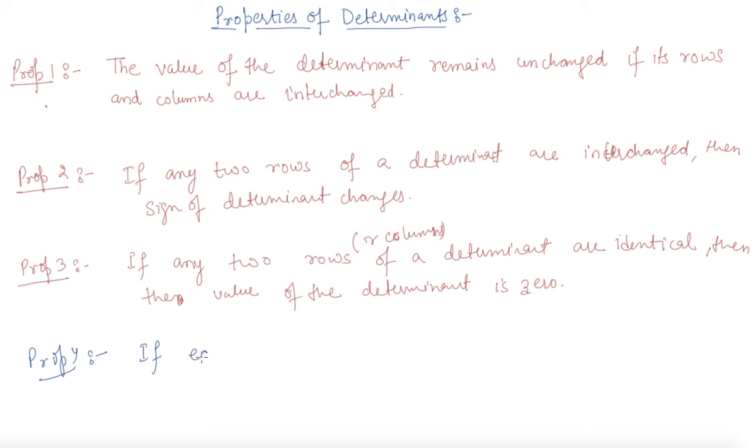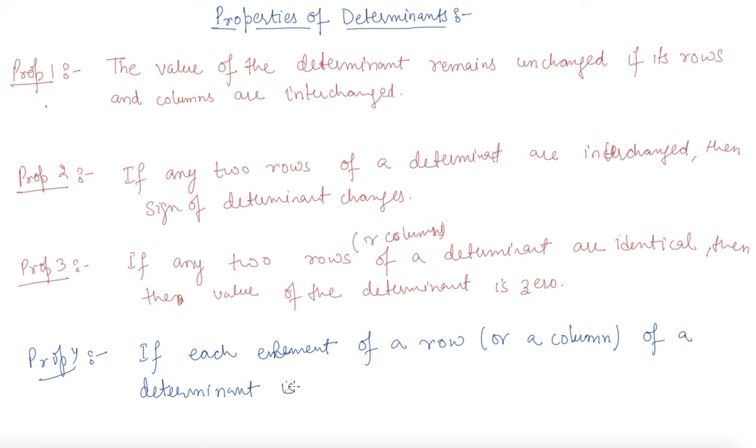If each element of a row or a column of a determinant is multiplied by a constant k, then its value gets multiplied by k.